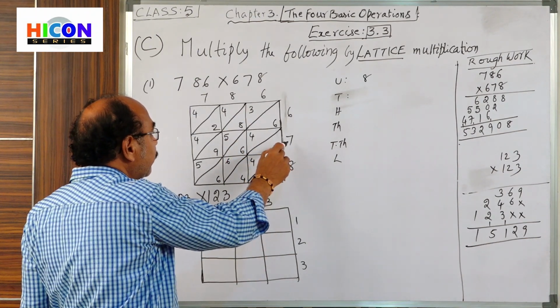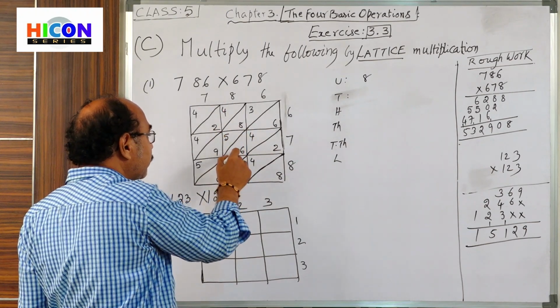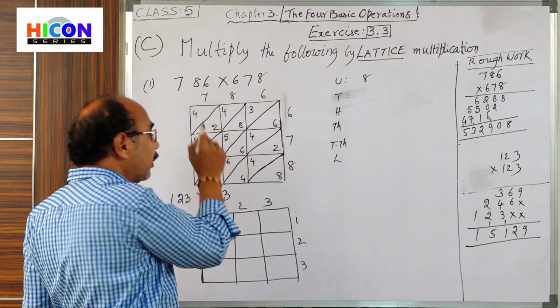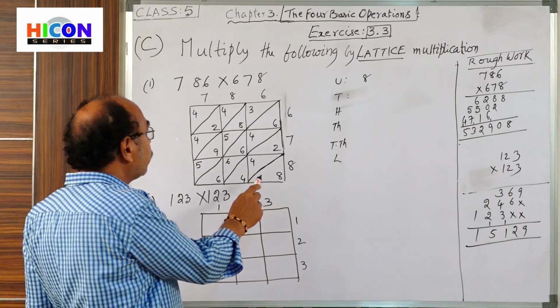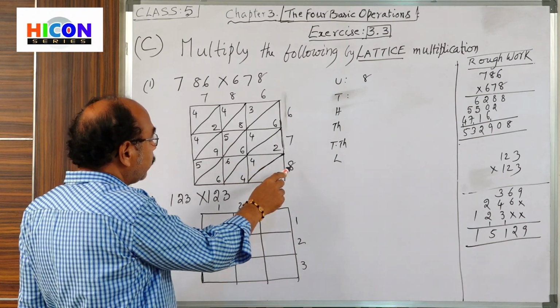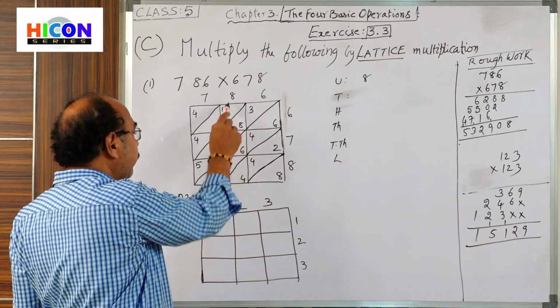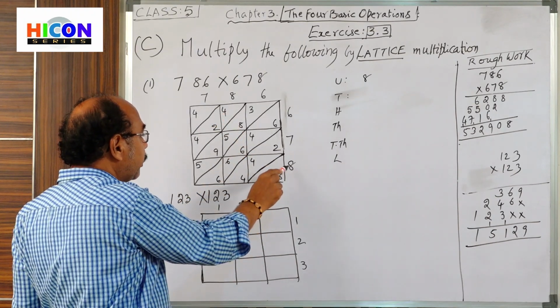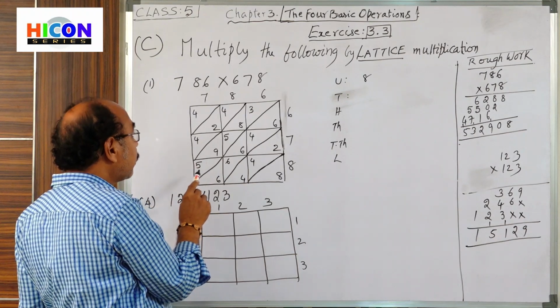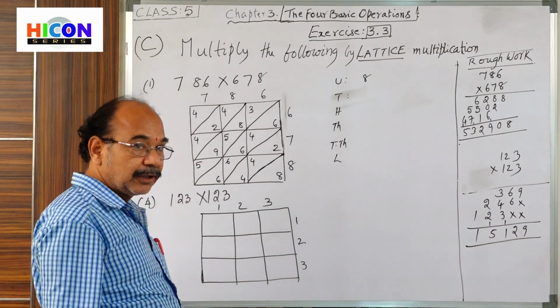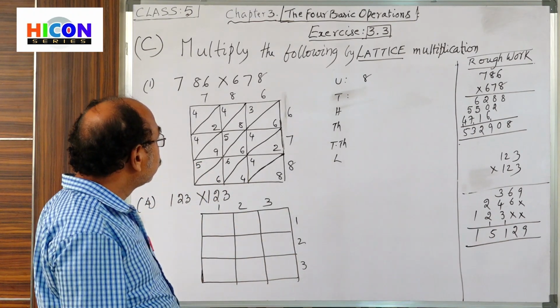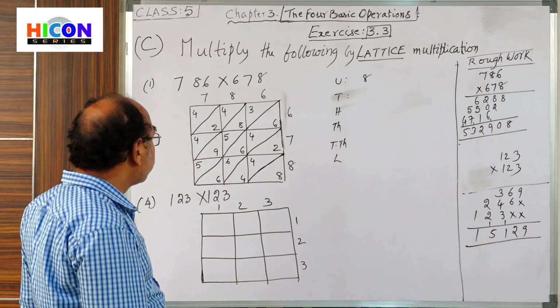Next 7 into 8, 7 8s are 56. 7 7s are 49. Now coming here with 8. 8 into 6, 8 6s are 48. 8 into 8, 8 8s are 64. And 8 into 7, 8 7s are 56. Like this, we fill up. Next one you see.